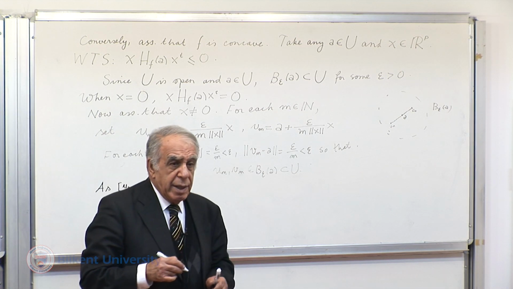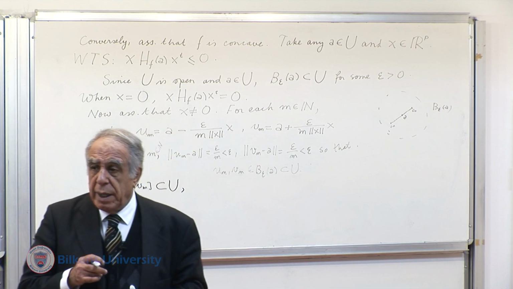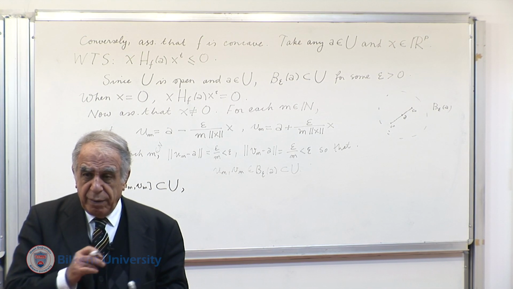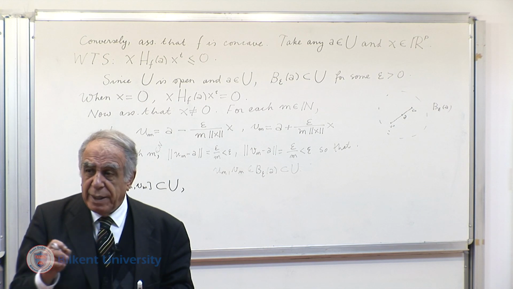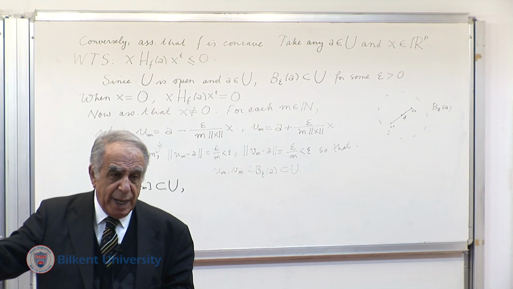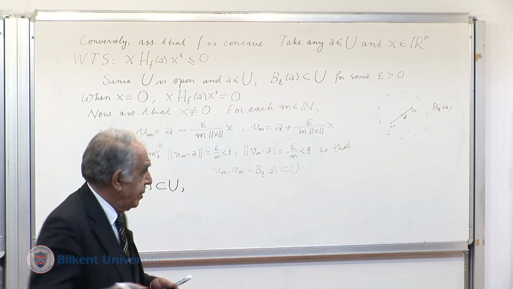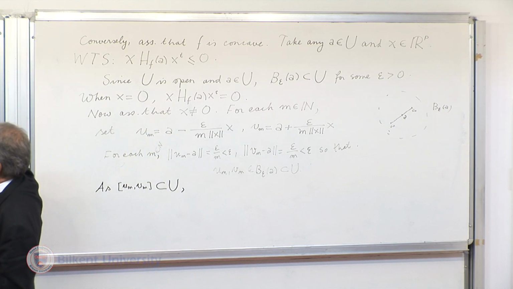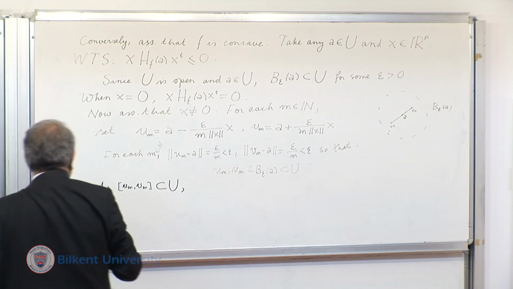Now this time, all the hypotheses of Taylor's theorem will hold for UM, VM, and n equal to 2 again, because this is just the common assumption preceding this biconditional.